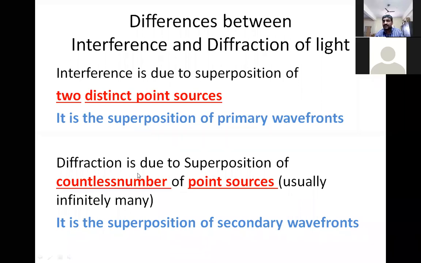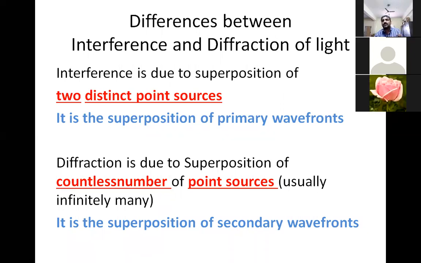Whereas in the case of diffraction, you're going to have infinitely many point sources, which is difficult to count. In most of the cases, it's infinity, right? So instead of having 2 distinct point sources, if there are infinitely many sources overlapping at a specific point, you call that phenomenon diffraction, right?